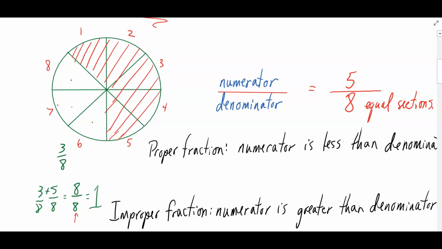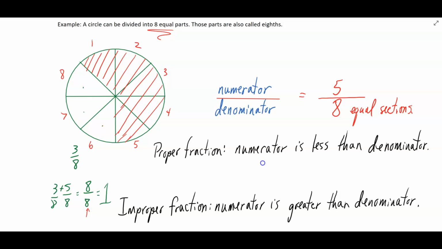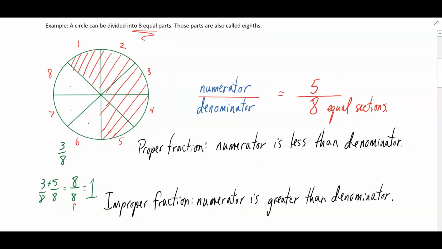A little bit of terminology to go with fractions. A proper fraction is when the numerator is less than the denominator. Let's look at a few more examples, something like 2/3 or 4/9.